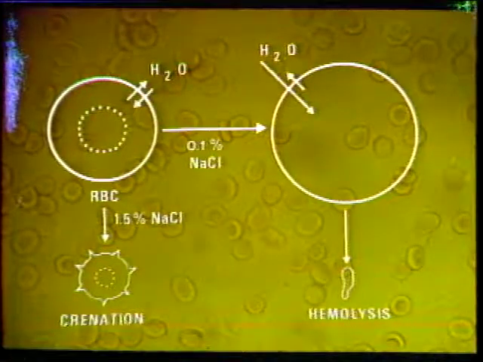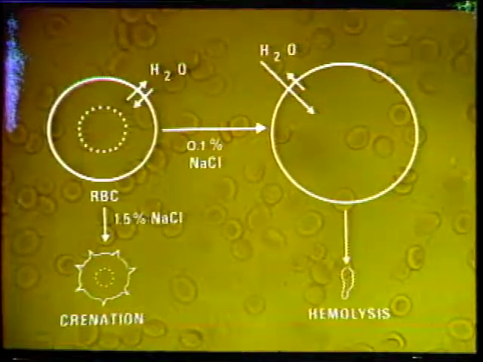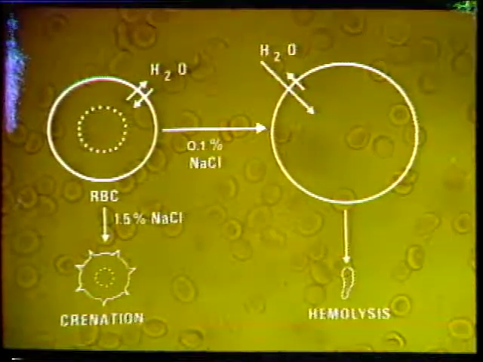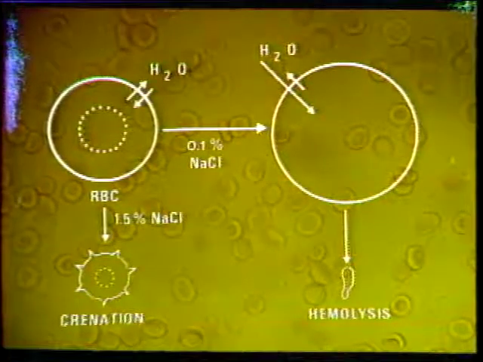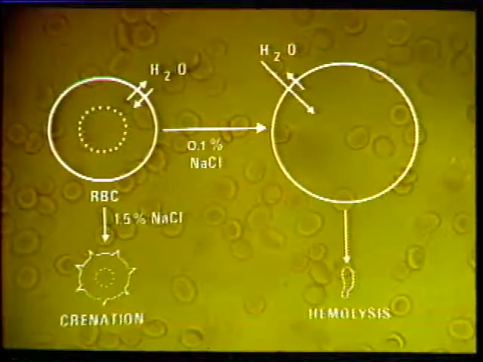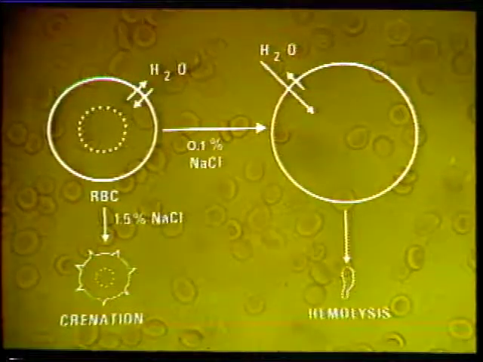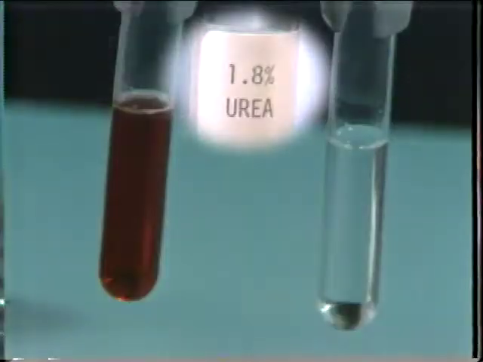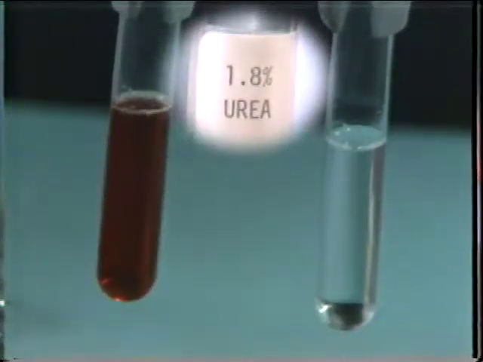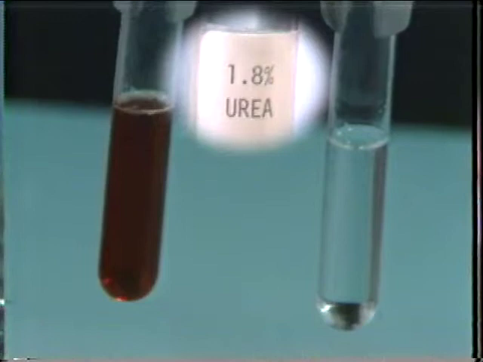When red blood cells are placed into a hypotonic solution, water enters the cell at a greater rate than it is leaving in response to osmotic pressure. The cell will become swollen and eventually will hemolyze. A drop of blood will be placed in 1.8% urea.